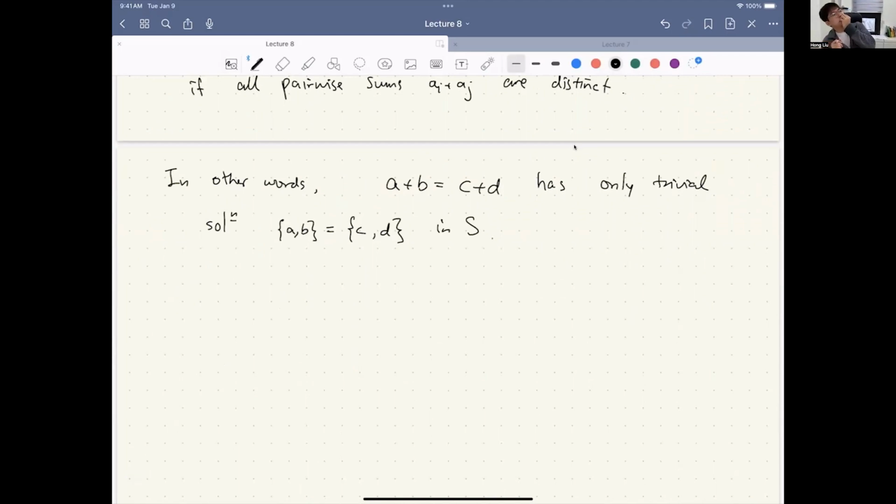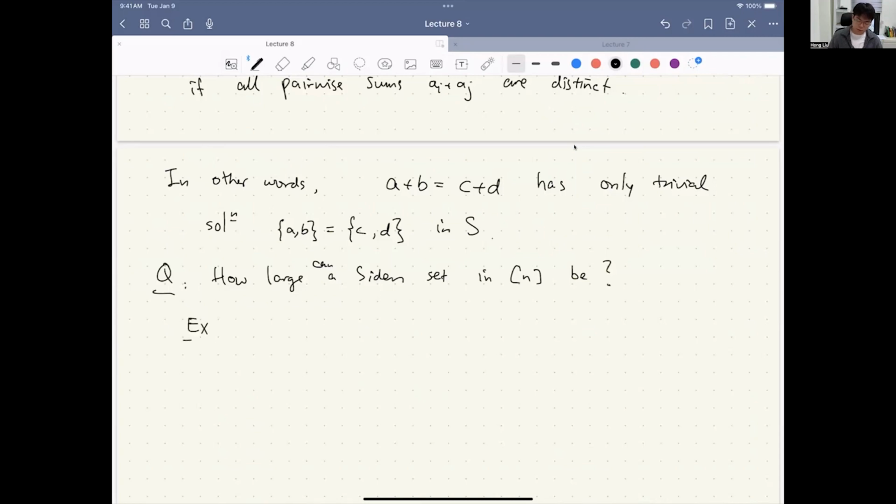So the question is, how large can a Sidon set consisting of elements from the first n integers be? How large can it be?